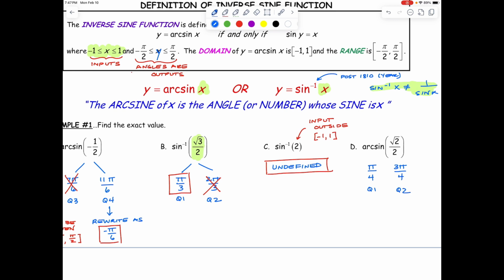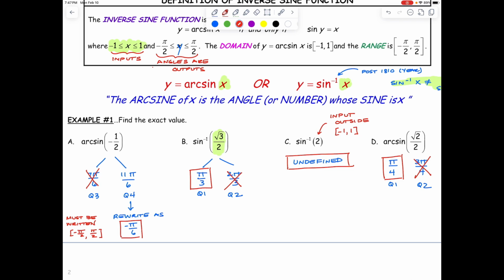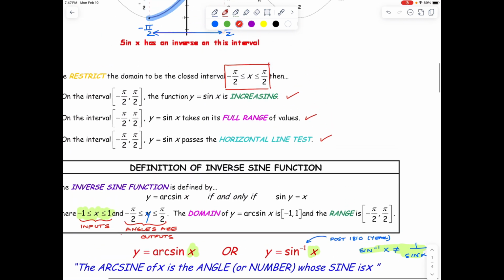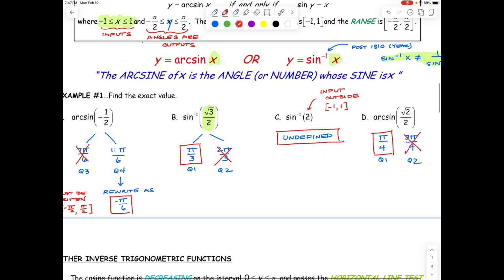Quadrant 2 is outside of our domain restriction, so it's just going to be pi/4, and that works perfectly fine. So you don't have to show both of these values and cross them off. I'm just repeating my thought process out loud on paper.